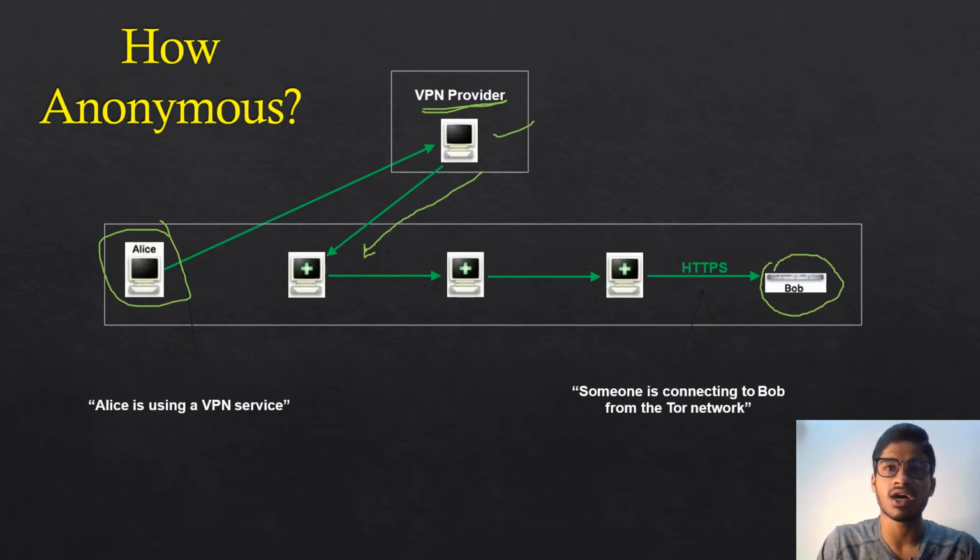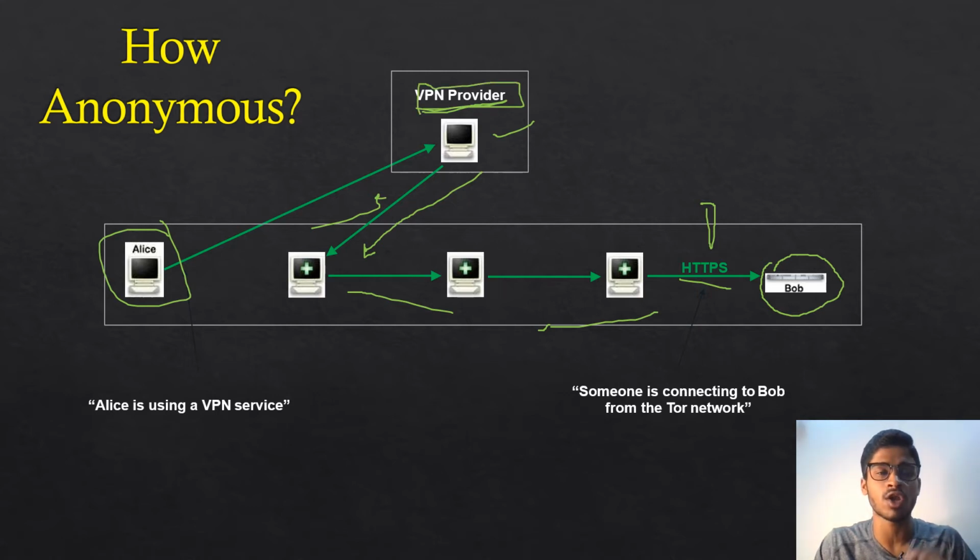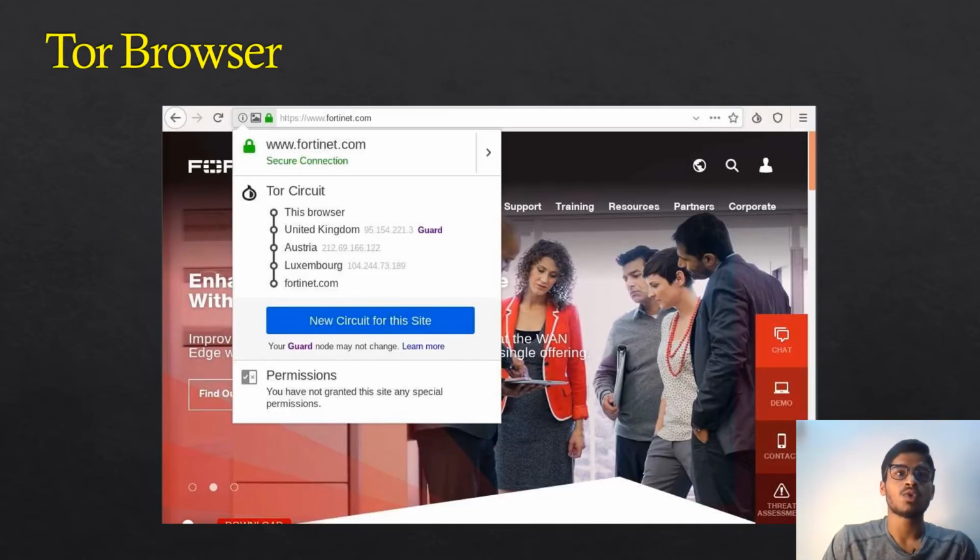Even if someone is connecting to Bob's network and intercepting his traffic, since it's HTTPS protected, they can't intercept the traffic, and they cannot decode what's exactly being transferred either. And even if they come back, they will end up at this VPN provider, and if it's a premium account, they will not save your logs, and if there are no logs, your IP address is anonymous again.